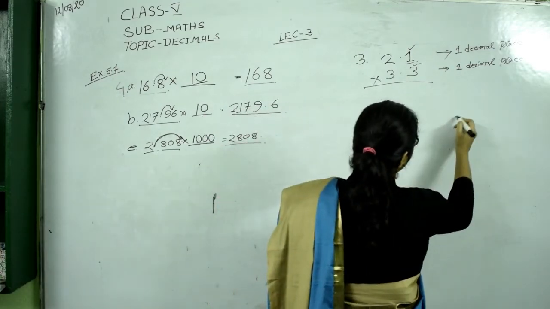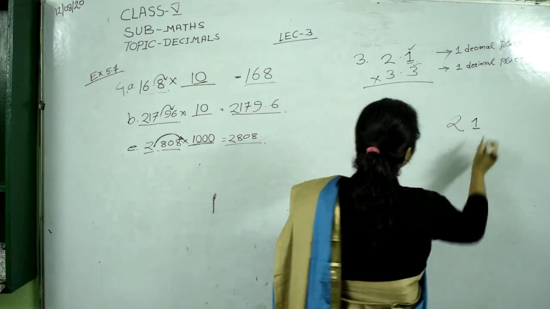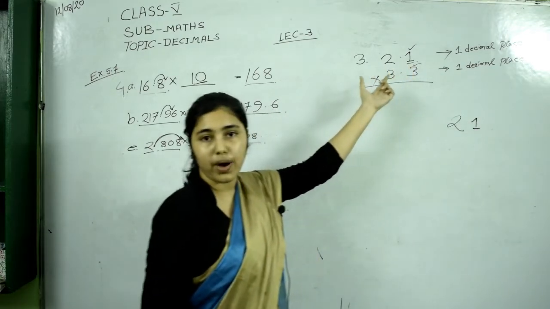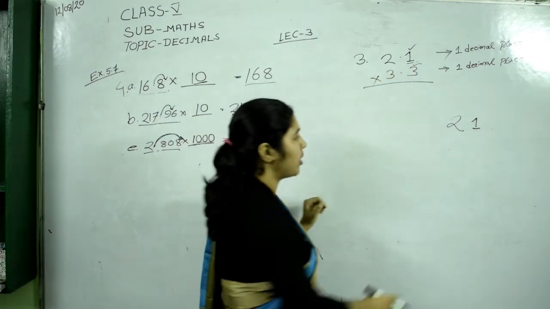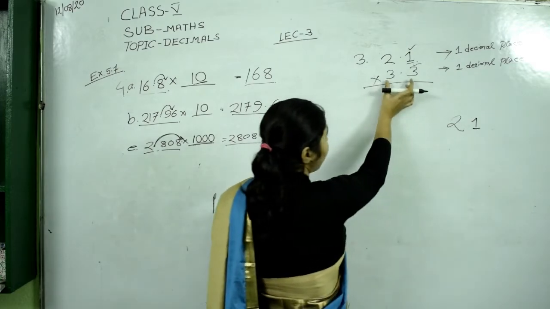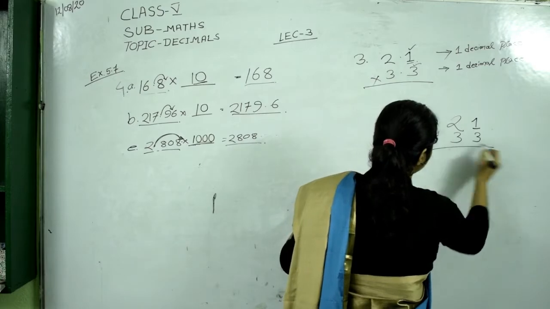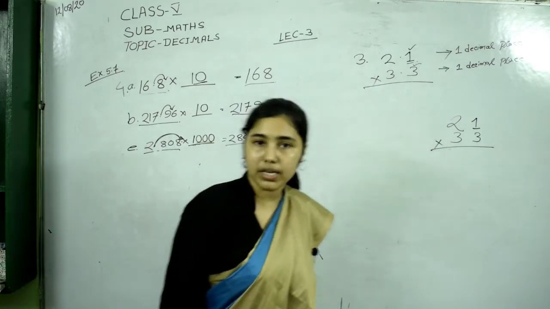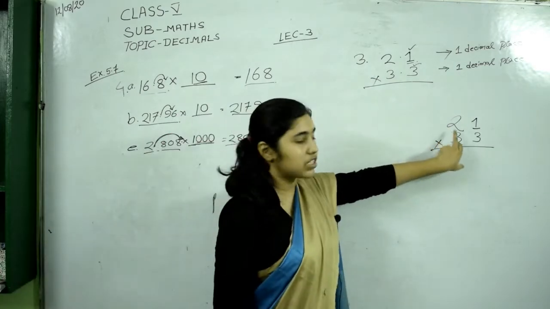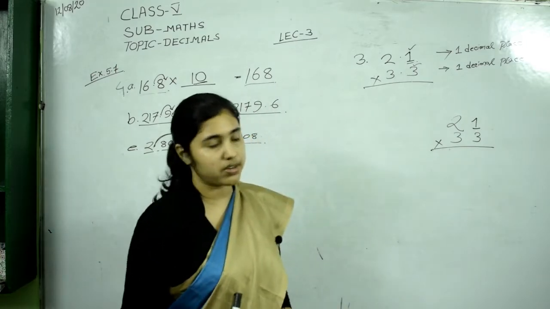Now consider 2.1 as the whole number 21 and 3.3 as the whole number 33. Now you are familiar with the multiplication of 2 whole numbers, right?